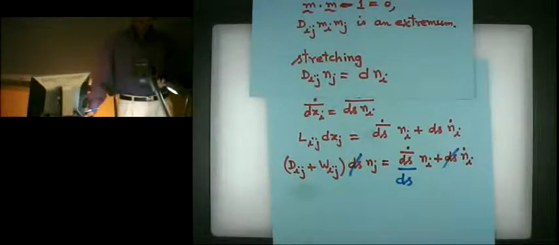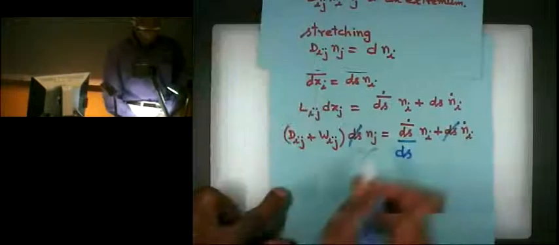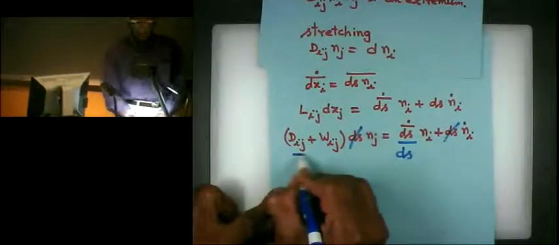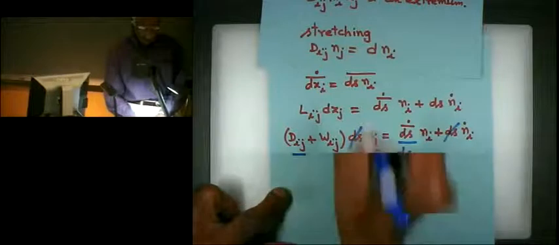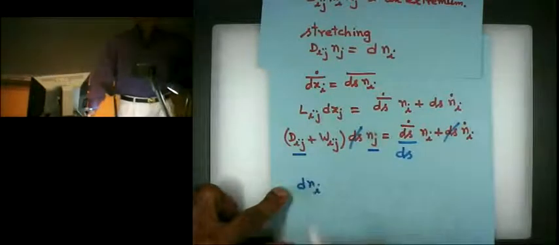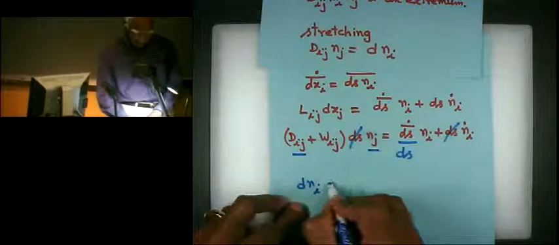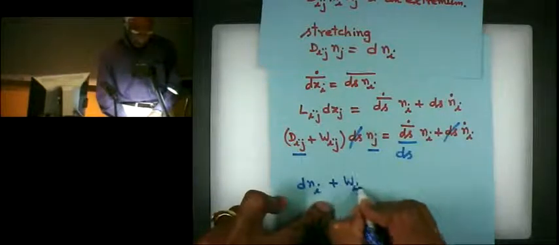I'm looking for ni dot. So what is dij nj? Dij nj by definition is dij nj plus wij nj.